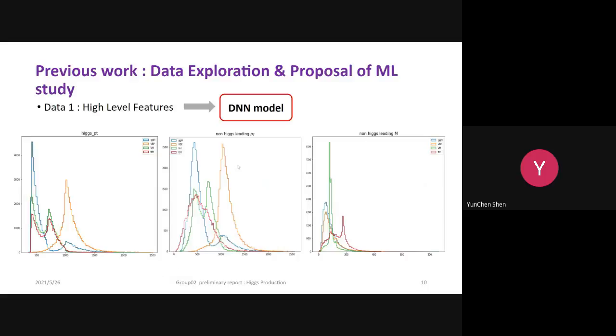After doing some visualizations, we observed high-level features are much more suitable for training by a DNN model. Take some feature histograms, for example, like Higgs pT, non-Higgs leading pT, and non-Higgs leading mass.